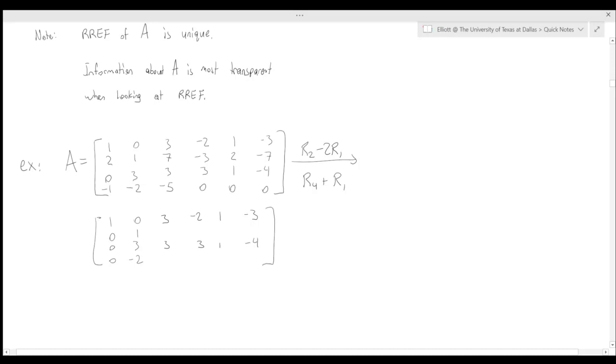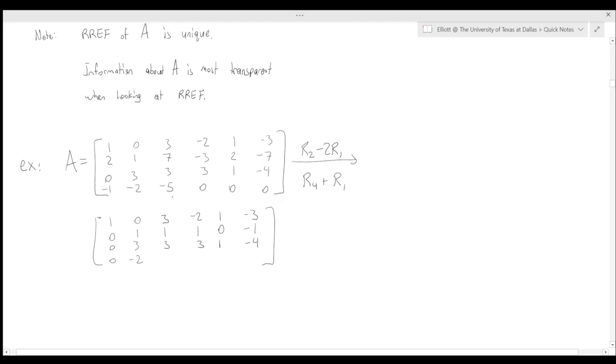And just quickly computing the rest of row 2. 7 minus 6 is 1. Negative 3 plus 4 is 1. 2 minus 2 will be 0. And negative 7 plus 6 is negative 1, okay?